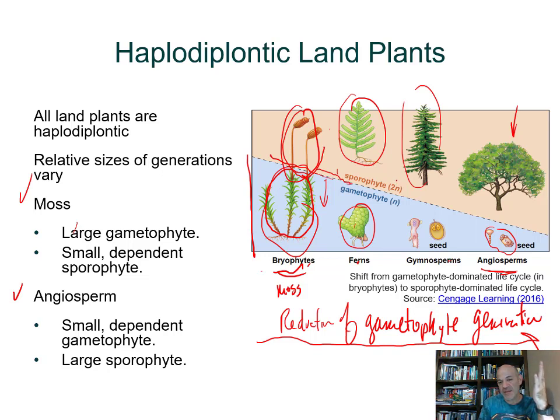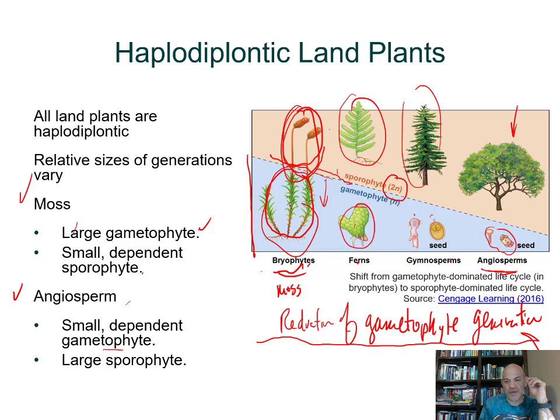And this is part of that, adapting with that diploid, 2 sets of chromosomes. That's better protection against the damaging ultraviolet. So for the mosses, the more primitive plants, the gametophyte is dominant, and the sporophyte is dependent on it. So the sporophyte, which is right here, depends on the gametophyte. For the angiosperms, the gametophyte becomes so small. There's just a few cells.